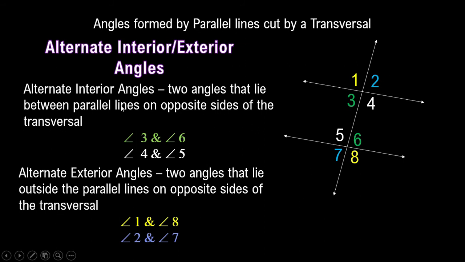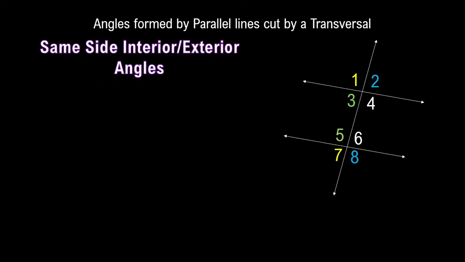So yan yung tinatawag natin na alternate interior and alternate exterior angles. Next, so we have two kinds of angle. And the third and the fourth one is what we call the same side interior and the same side exterior.